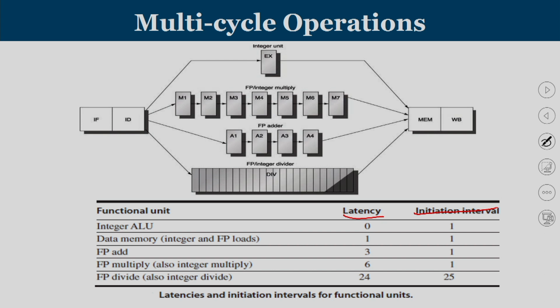For every operation there is a latency that is associated. For an integer ALU operation that is carried out in the EX unit, the latency is defined as 0. That means any other instruction which is going to use this result produced by this integer unit has to wait an additional 0 cycles.